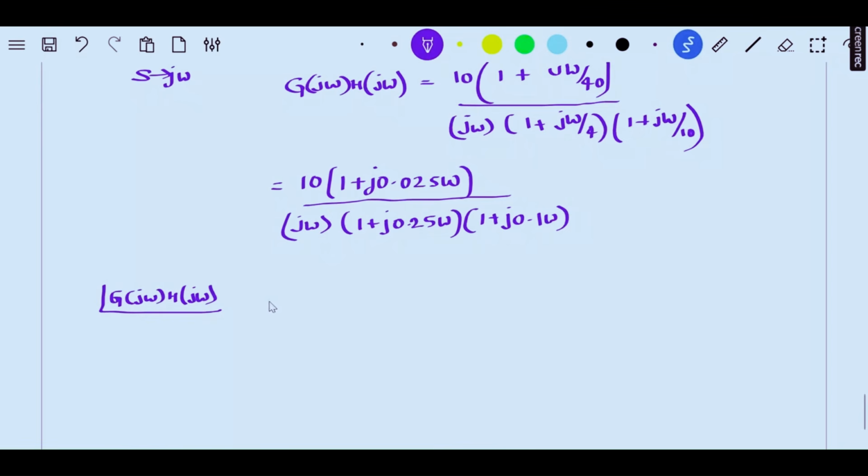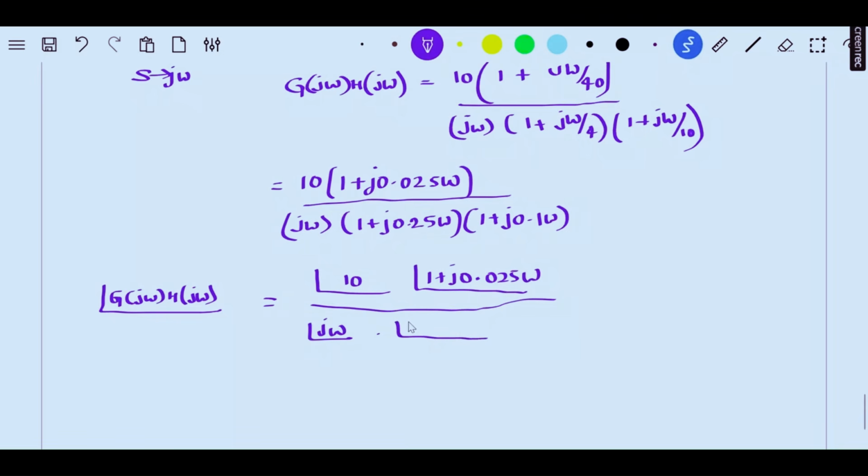So we take the angle of 10, angle of 1 plus j into 0.025 omega, whole thing divided by angle of j omega, angle of 1 plus j into 0.25 omega, then angle of 1 plus j into 0.1 omega.